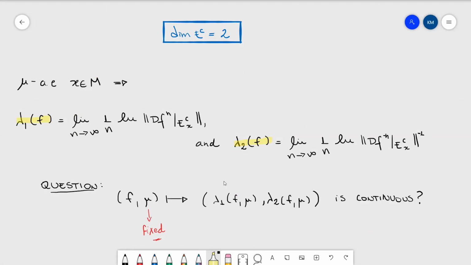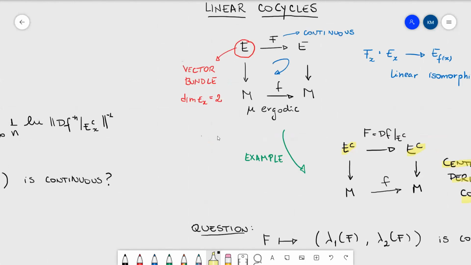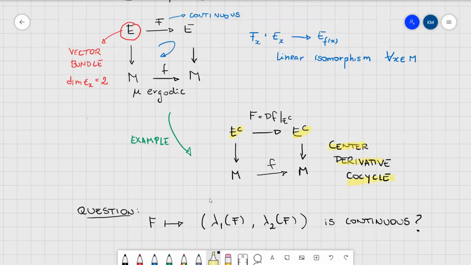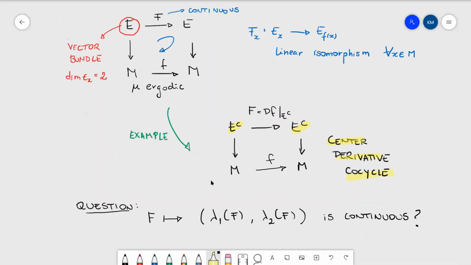So I can restate this question in the setting of linear cocycles. This is what I did here. Sorry. So in this setting, F is a linear cocycle. I'm dealing with a vector bundle of dimension 2, and I can ask what happens with this function. This is analogous to the function that I was thinking about before.